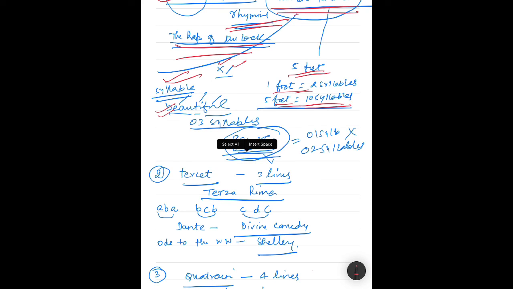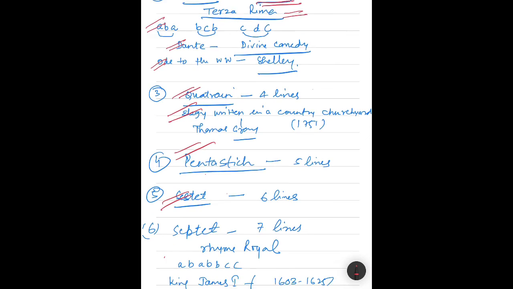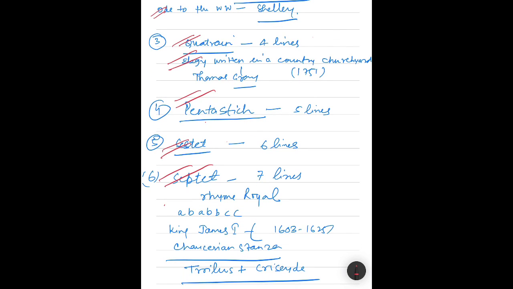Coming to number 2, tercet. Tercet means stanza of 3 lines. Terza Rima is a collection of the tercets. This is the rhyme scheme Dante uses for the first time. And in Ode to the West Wind, Shelley used it. Then Quatrain is a stanza of 4 lines. Elegy is an example. Pentastich is a stanza of 5 lines. Sestet is a stanza of 6 lines. Septet is a stanza of 7 lines.